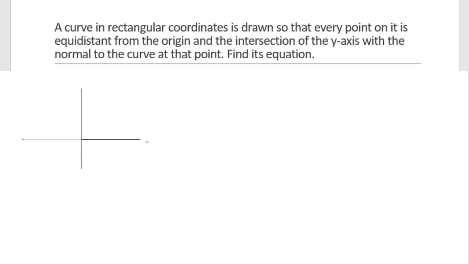And it says there that every point on it is equidistant from the origin. So let's try to draw a curve. We don't know the formation of that curve, but we know that every point on it is equidistant from the origin. So let's say we have this curve.